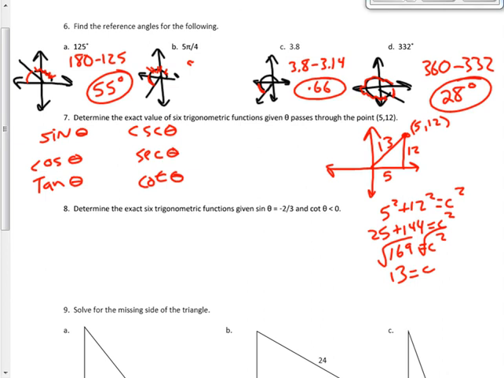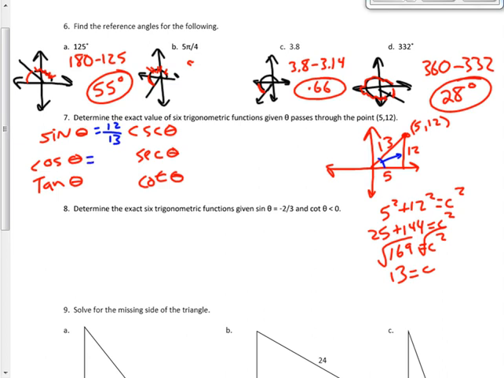So now I can go and create my trig functions. The sine is equal to y over r. And so I've got 12 over 13 is the sine. In terms of what we just talked about with reference angles, here's the reference angle. And so if you are comfortable with SOHCAHTOA, you could also say that sine is opposite over the hypotenuse. Okay, that would be the same thing. All of these things are really saying the same thing, just looking at it inside the coordinate plane or not.